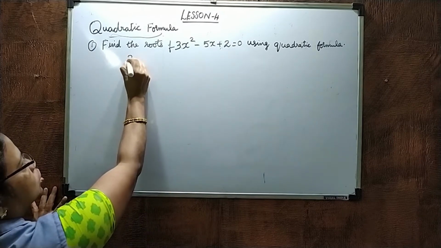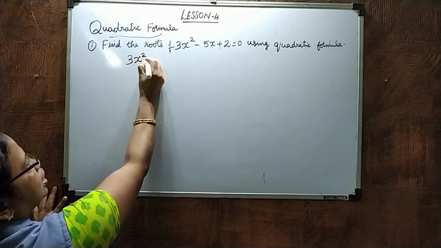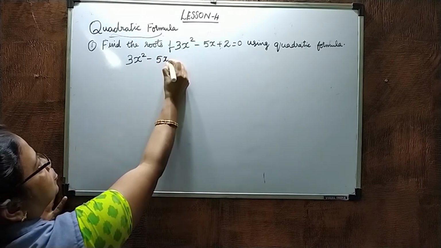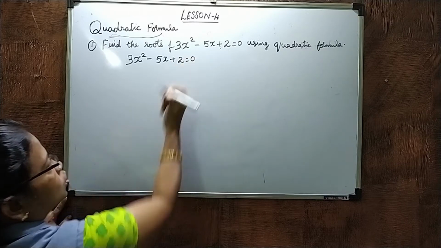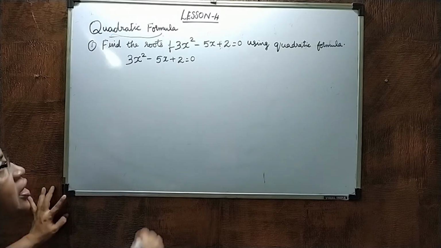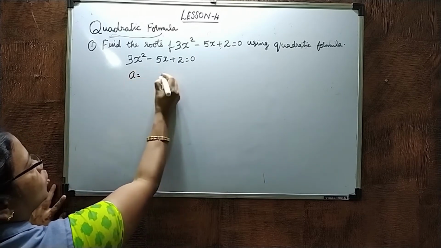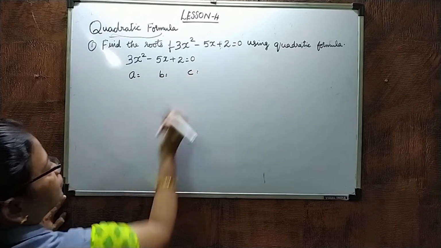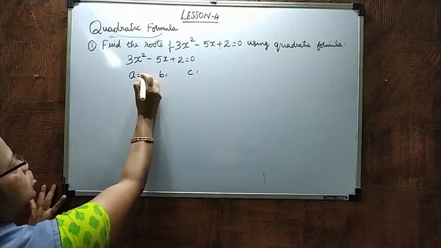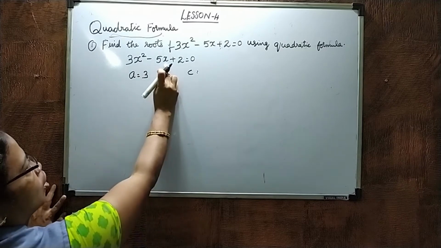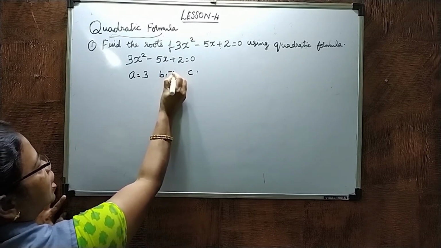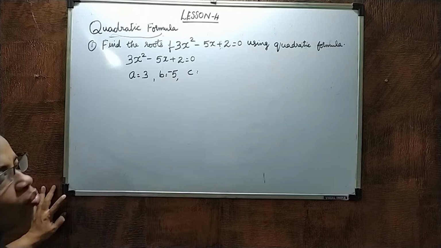So first what you should do? Write the question. 3x square minus 5x plus 2 equal to 0. What is the next section then? You have to find out what is A, what is B, what is C. A is coefficient of x square, it is 3. Coefficient of x is negative 5, it is B. What is C?